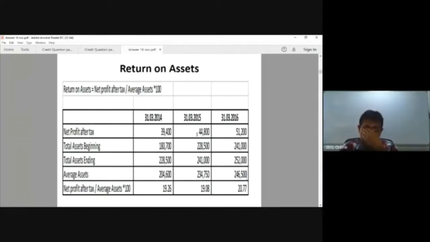Normally, if you do have 1 trillion total assets, then to get a 1% return on asset, you have to have a minimum of 10 billion profit figure. If you do have 20 billion profit figure with a 1 trillion total asset, then it will be 2% only. That's why I mentioned 2% is a very attractive and very good ratio for a bank.